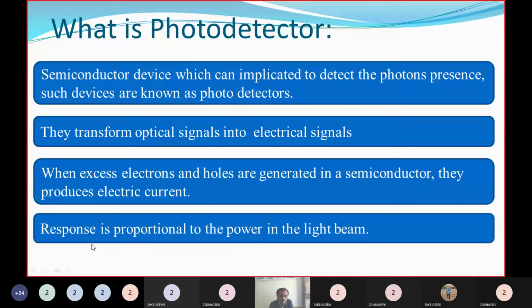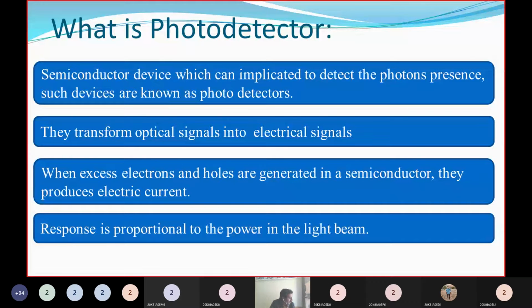Now the next one: response is proportional to the power of the light beam. How much power does the light beam have? Power depends on how many photons are incident, that is, the intensity of the photons as well as the energy of the photon.